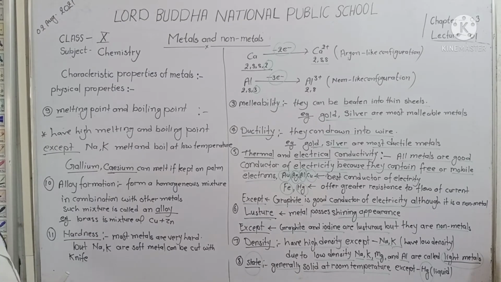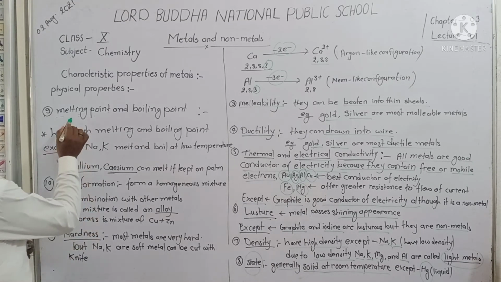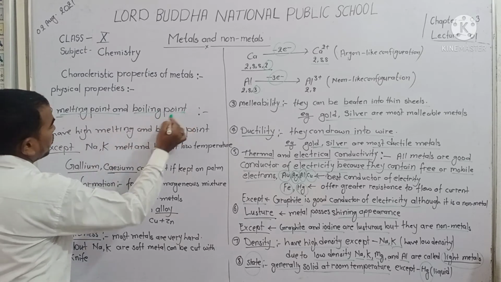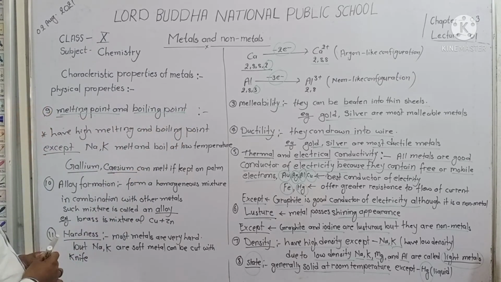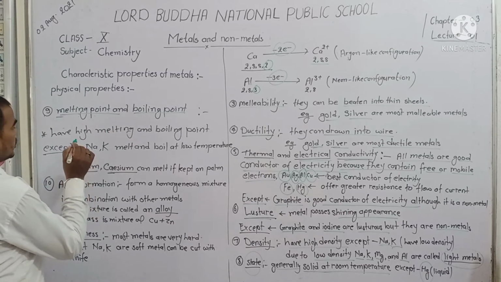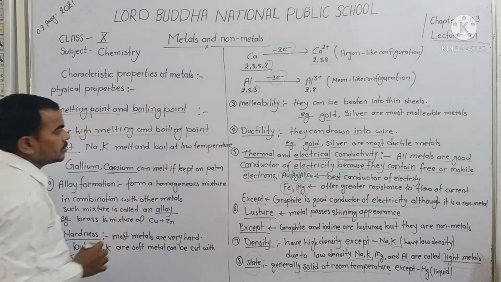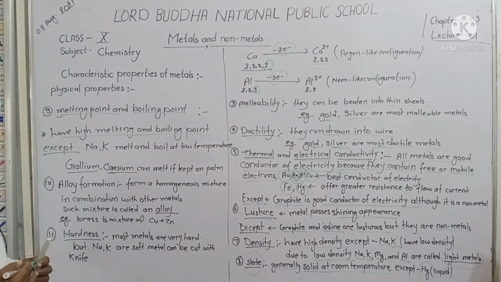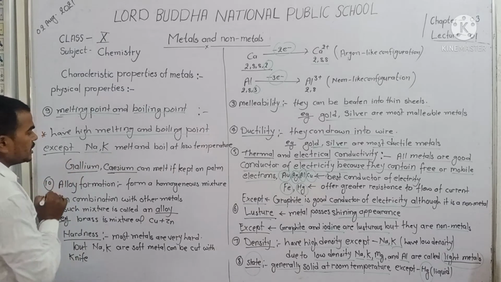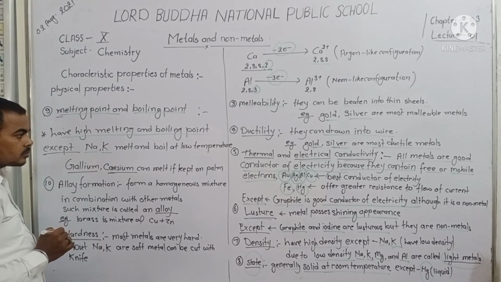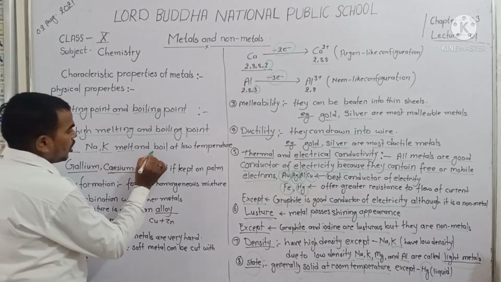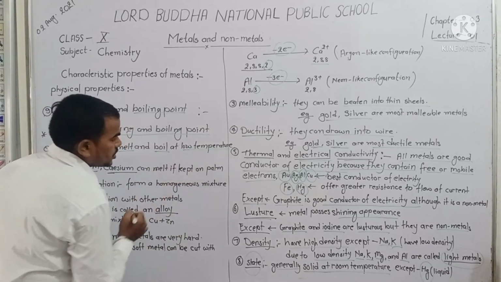Now discuss other properties like melting point and boiling point. Yes, student, always remember that most metals have high melting and boiling points. But sodium and potassium are exceptions because they melt or boil at low temperatures.